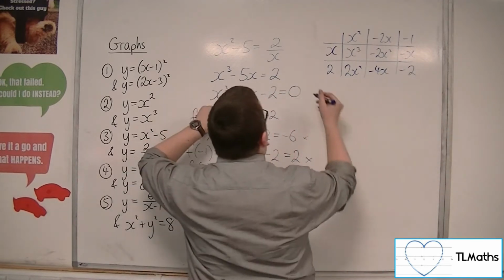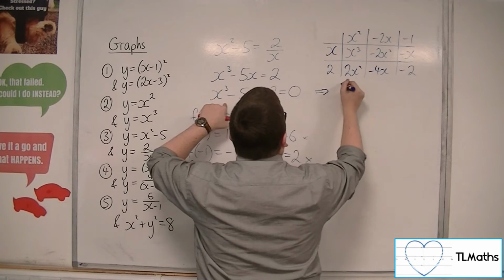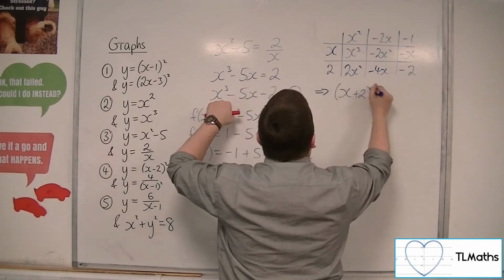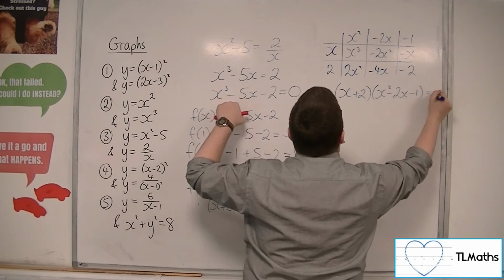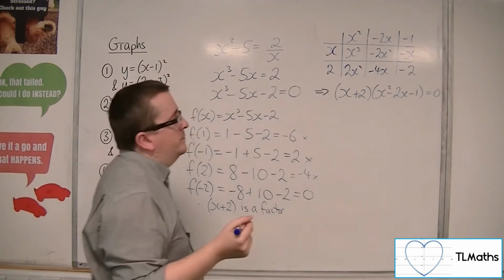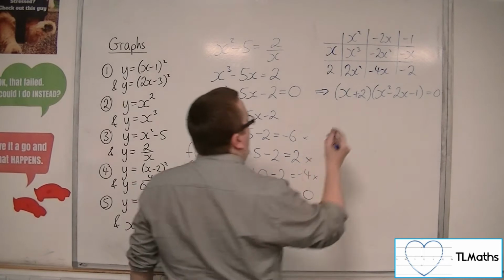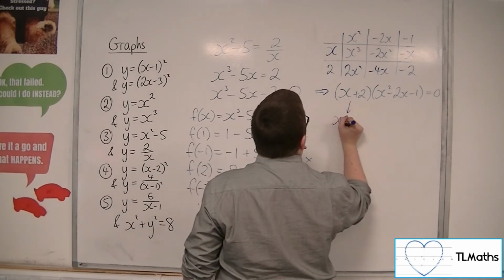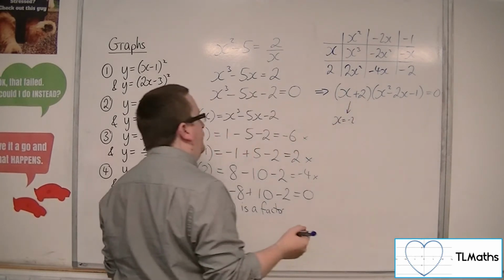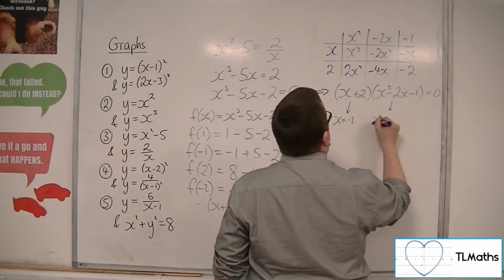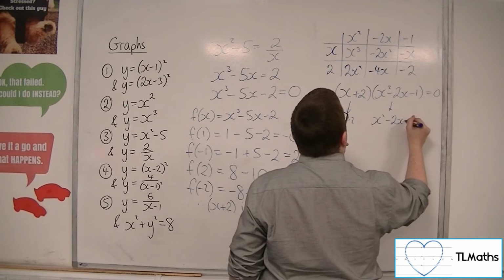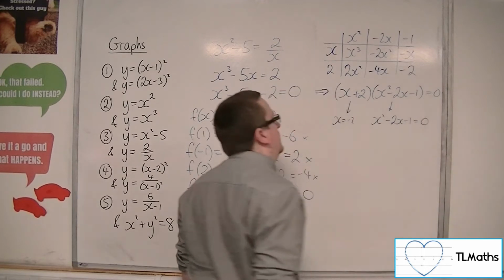So that would mean that this is the same as saying x plus 2 times x squared minus 2x minus 1 equals 0. So either x equals minus 2 or x squared minus 2x minus 1 is 0.